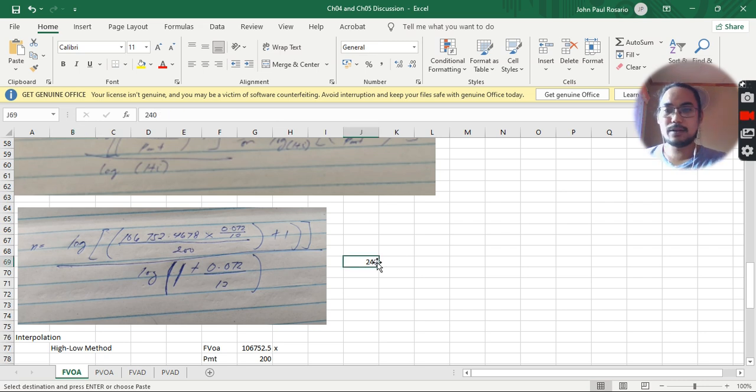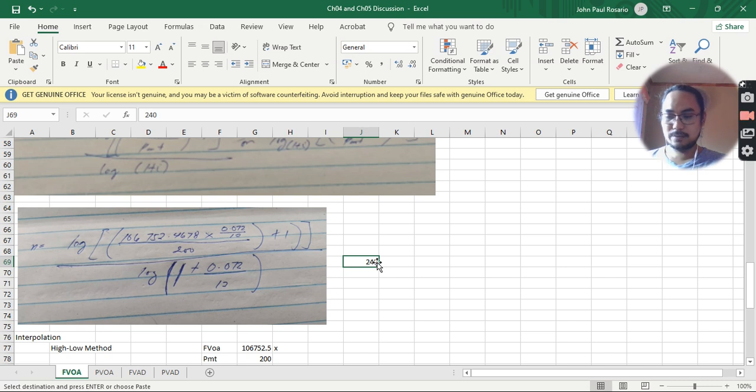And if we input that to our calculators, so that's log of 106,752.4678 multiplied by 0.072 over 12 over 200, and then we have plus 1, and then divided by log of 1 plus 0.072 over 12.